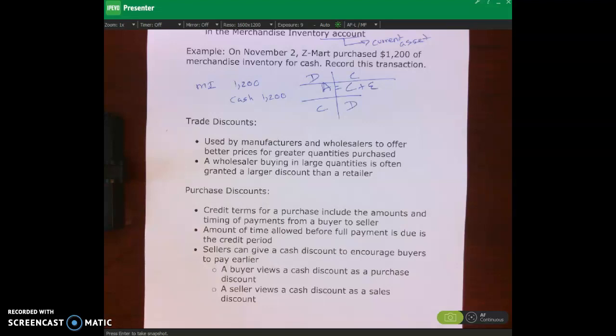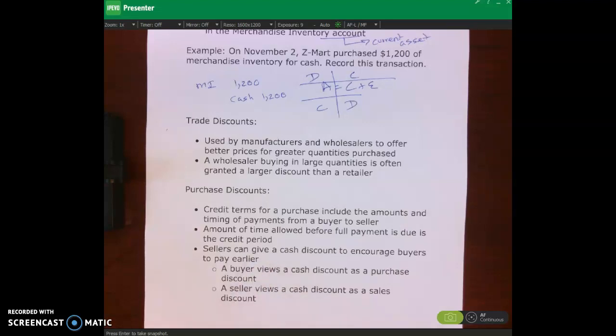Okay? Why would a supplier give us a discount for paying early? Well, those suppliers want their cash, right? Because the supplier, when they make the sale to us, they have an accounts receivable from us, and we have an accounts payable. But the thing is, the supplier can't pay their employees, and they can't pay their utilities with accounts receivable. They have to pay with cash.